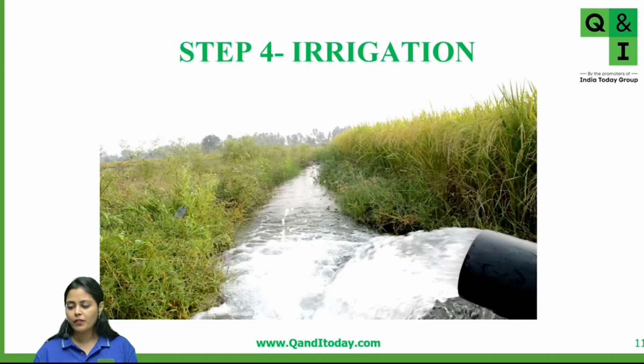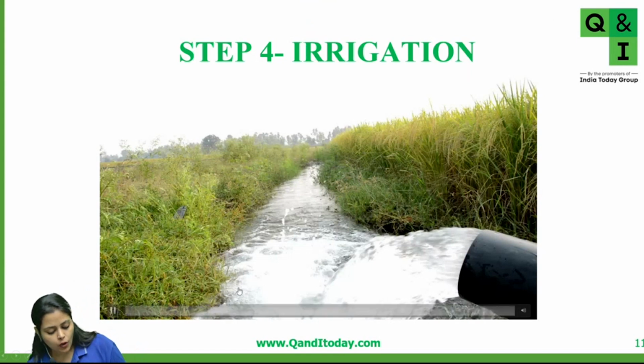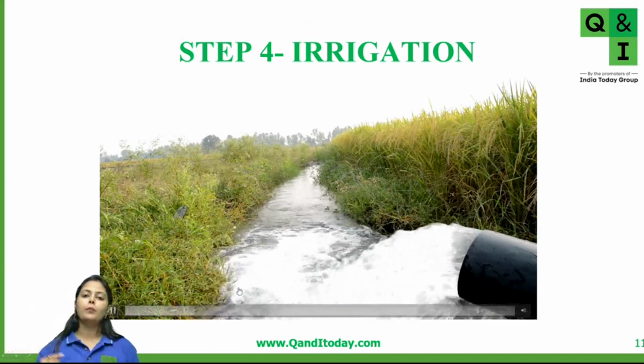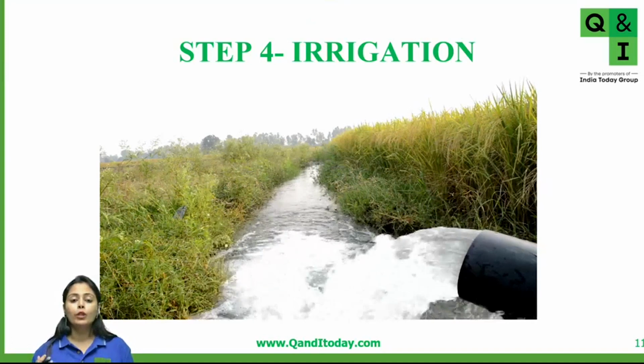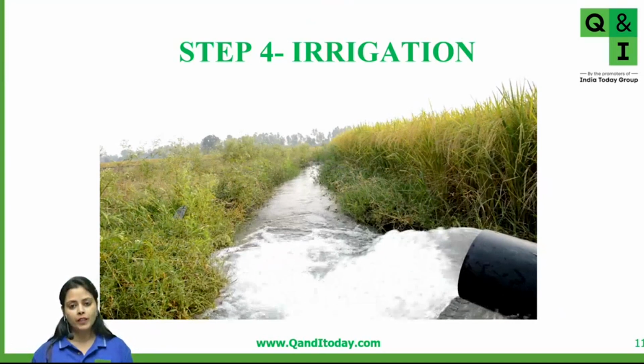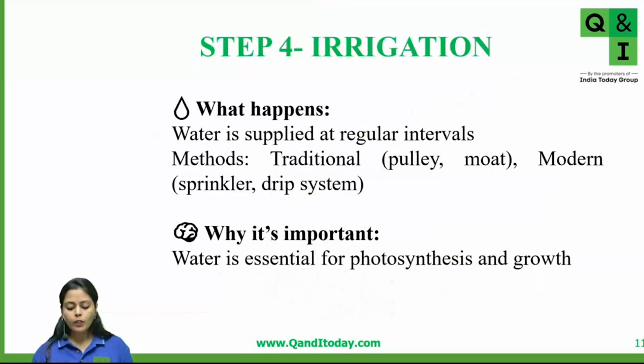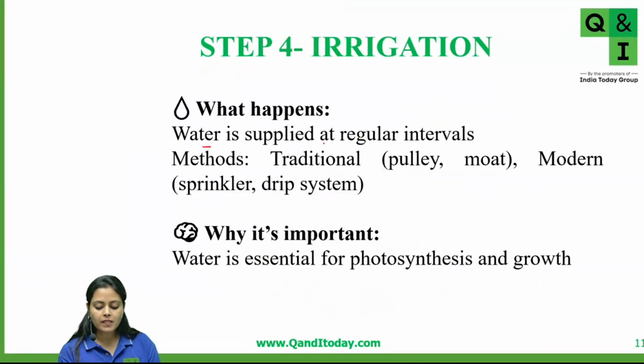Well done, everyone. Now, the next step is irrigation. At the same time as you are providing nutrition to the soil, providing water to the soil is equally important. What will irrigation do? Water is supplied at regular intervals, and there are several methods. These methods we are going to discuss when we discuss irrigation in detail.